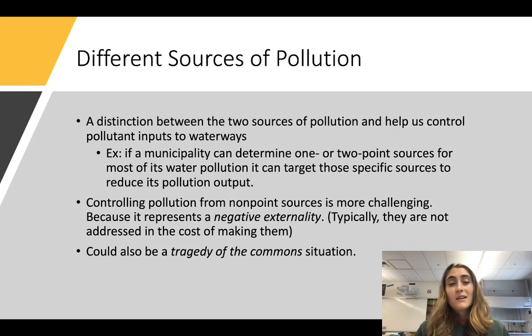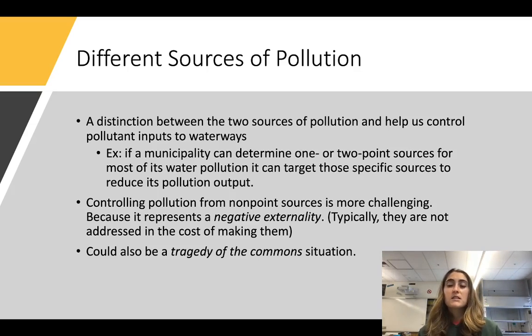So the biggest difference, of course, is that point source pollution generally tends to be a lot easier to deal with. When we have one point source problem, we can clearly identify it, we can clearly figure out a solution, and we can prevent that type of pollution from occurring. Non-point sources are definitely more challenging.